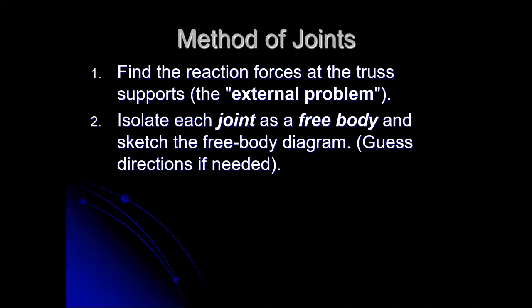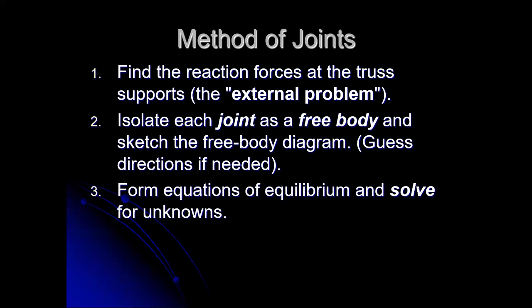So in our 3-member truss that we're working on here, we've actually got 6 unknowns that we have to deal with. And we can't get that all in one set of equations. So we're going to get some part of that. And then we have to go do another free body diagram of another joint and use some of the information we learned from the previous step to solve the next one.